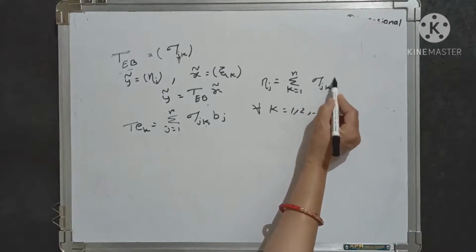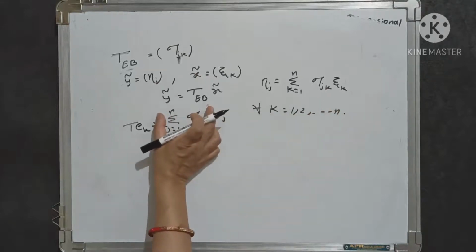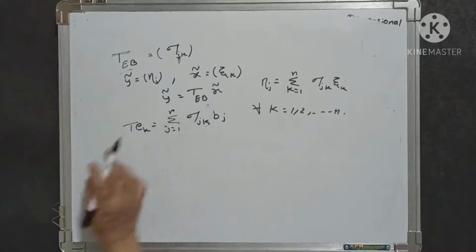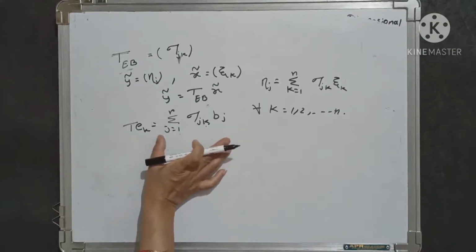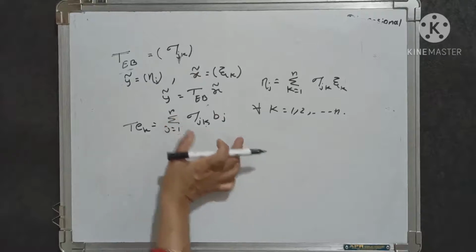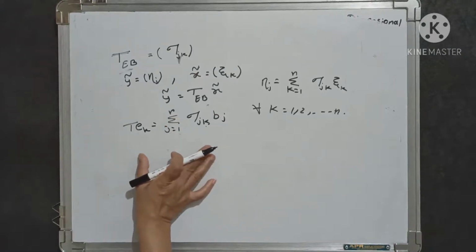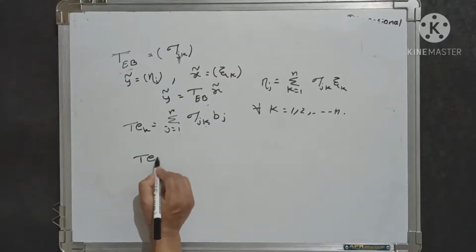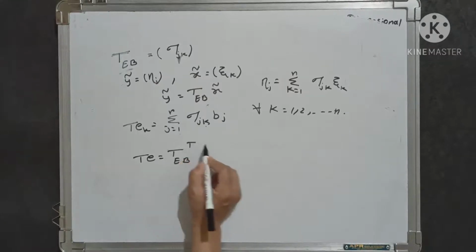That equation is written in matrix format as y tilde equals T_EB times x tilde. In the same way, the equation T e_k equals the summation over j from 1 to r of tau jk b_j can also be written in matrix form as T_E equals T_EB transpose times B.